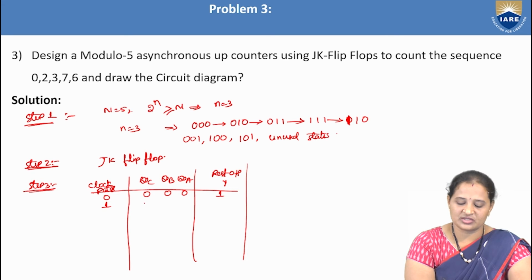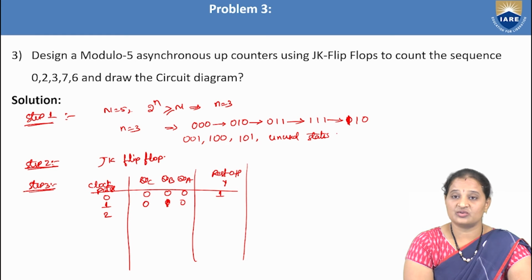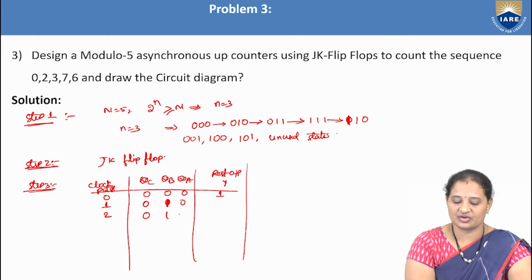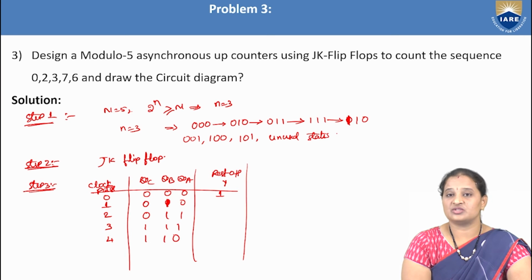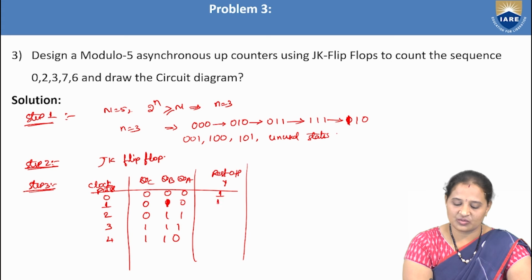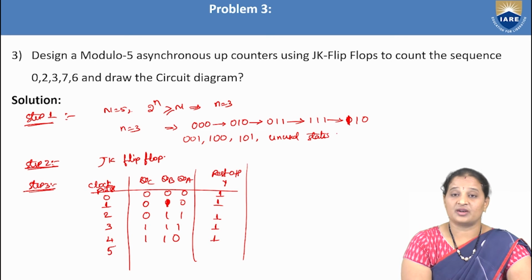During the next clock pulse, it has to change its state to 0 1 0. Next, as the present state is 0 1 0, what will be the next state? 0 1 1. Next, 0 1 1, it has to go to 1 1 1 state. Next, during the fourth clock pulse, it has to go to 1 1 0. During all this, the reset output should be 1.